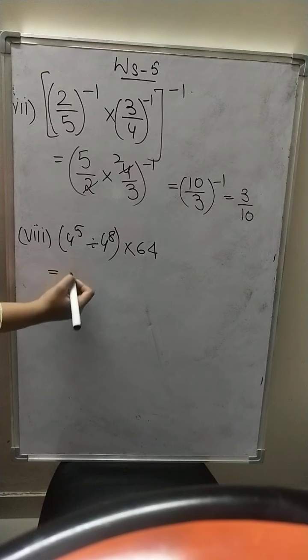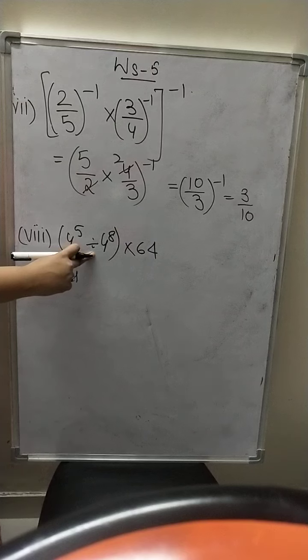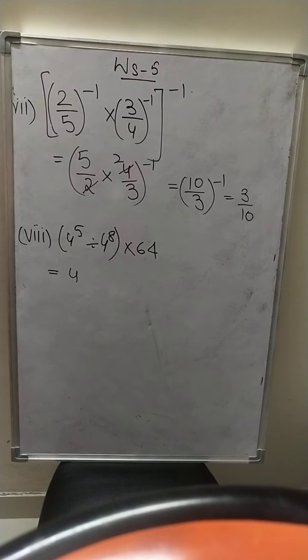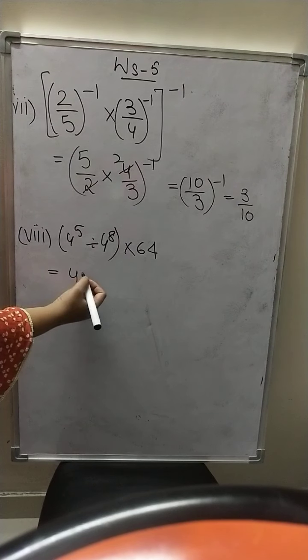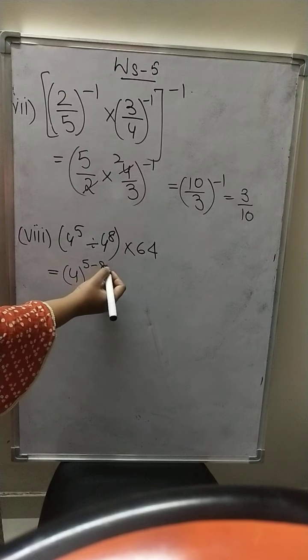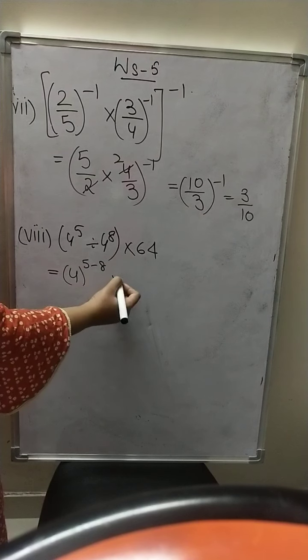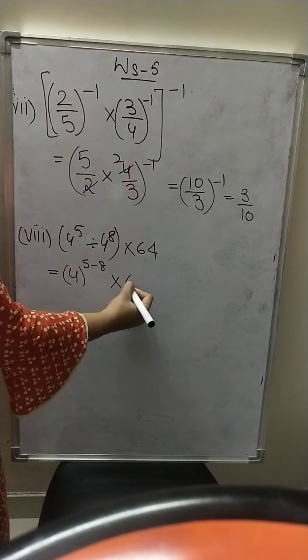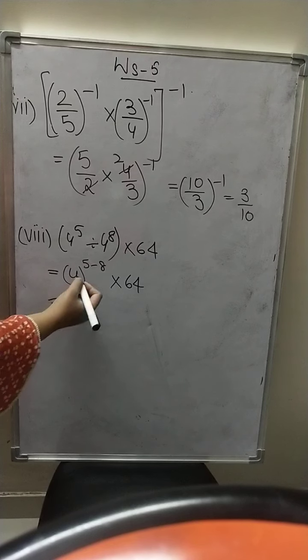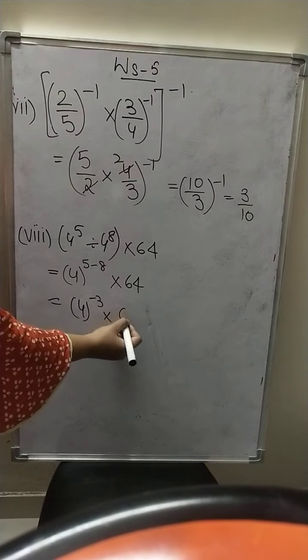I would simply, since you know the bases are same and there is a division sign in between, so the powers will be subtracted. I am writing 4 raised to the power 5 minus 8. Now the smaller number is first so you will keep it as it is, right? So don't do it like this, if you do 8 minus 5 it will be wrong. So I get 4 raised to the power -3 into 64.